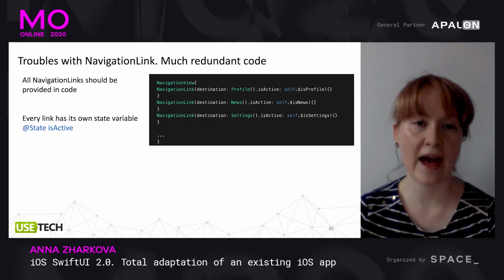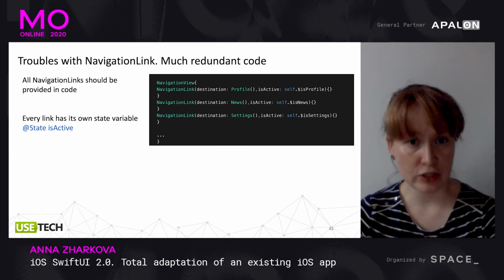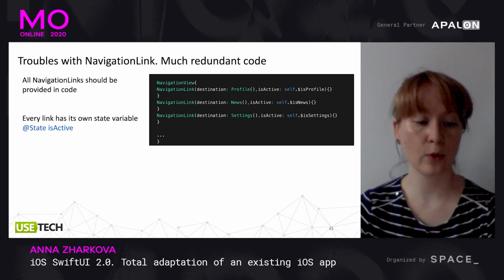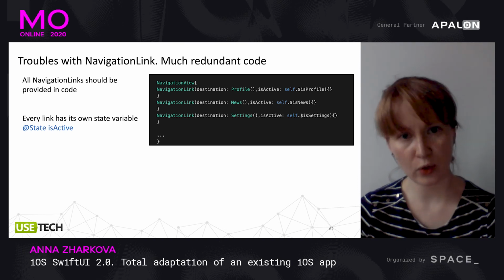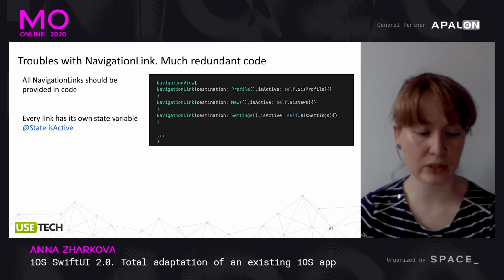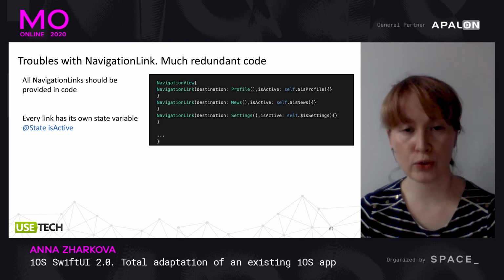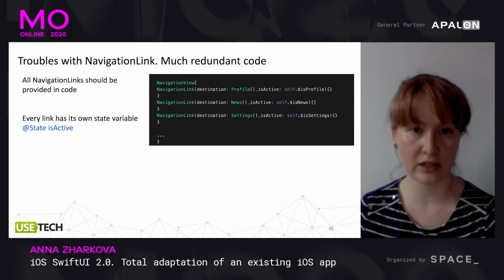But if we have to put different types of views, we should have different navigation links, and we will provide all these navigation links at the same moment in our code. So it looks really heavy. And every link should have its own state variable, so we should manage all these variables. It's not so good.